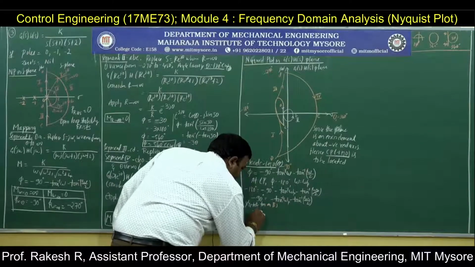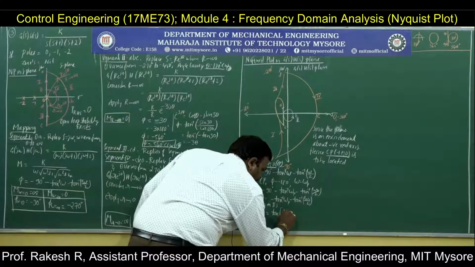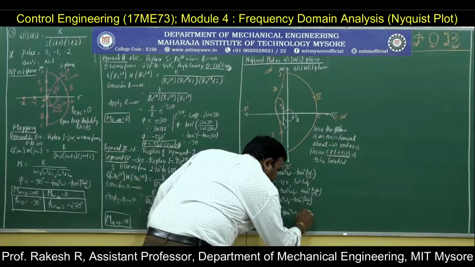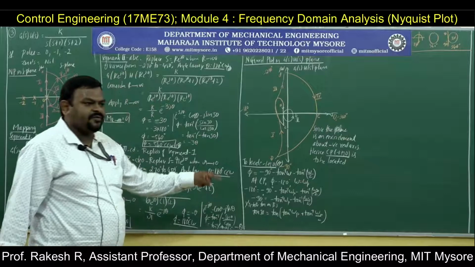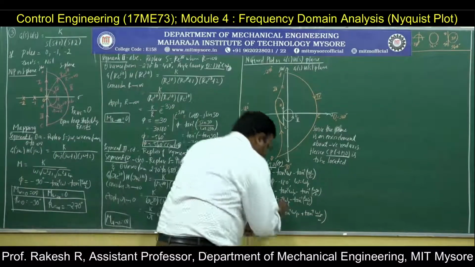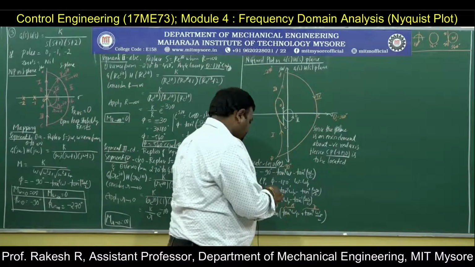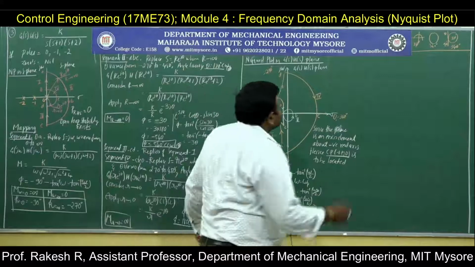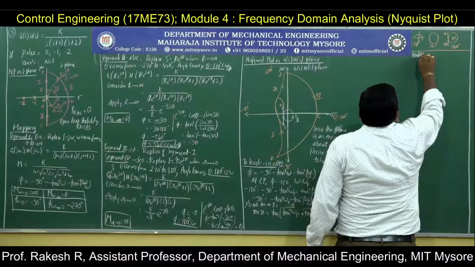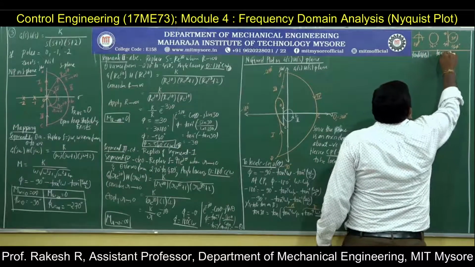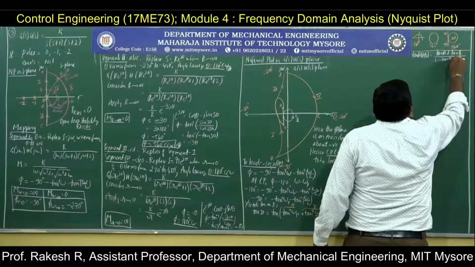It will be tan 90 equal to tan of tan inverse omega p plus tan inverse omega p by 2. So it is in the form of tan of a plus b, where this is a and this is b. Tan of a plus b is tan a plus tan b divided by 1 minus tan a tan b.